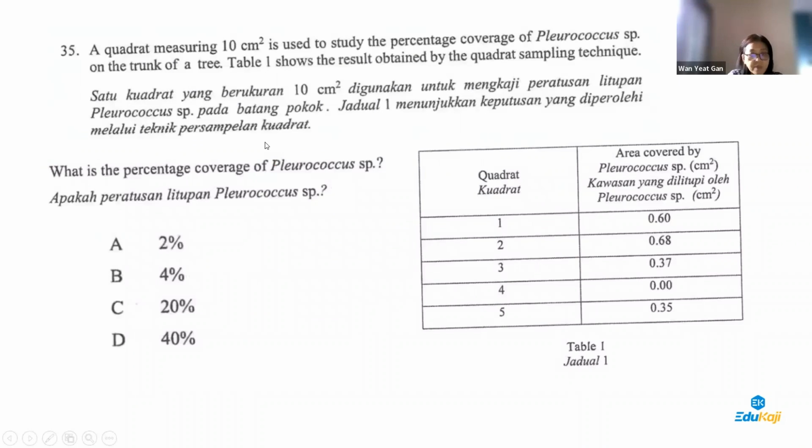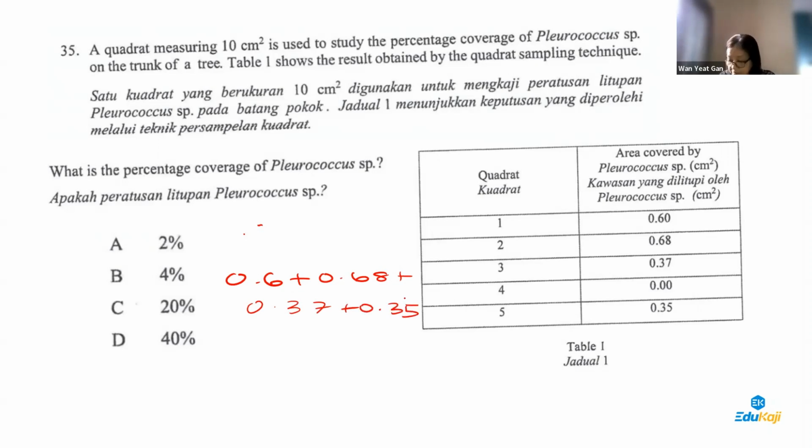Next, a quadrant measuring 10 cm squared is used to study the percentage of coverage of rural crocus species. Table 1 shows the result obtained by the quadrant sampling technique. Okay, so to calculate the percentage coverage, you need to add all the area covered: 0.6 plus 0.68, 0.37 plus 0.35.